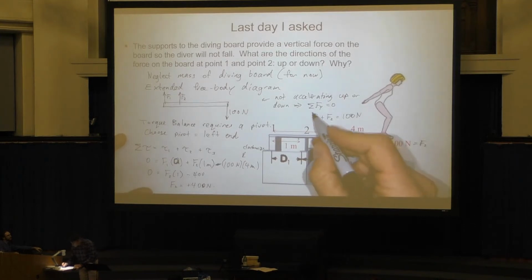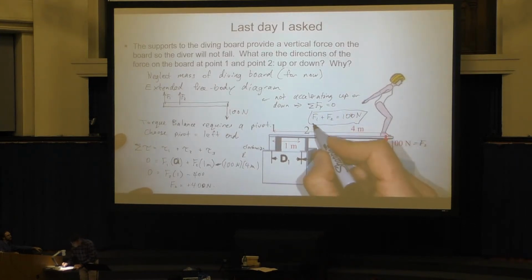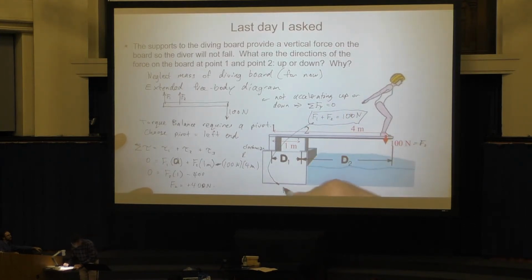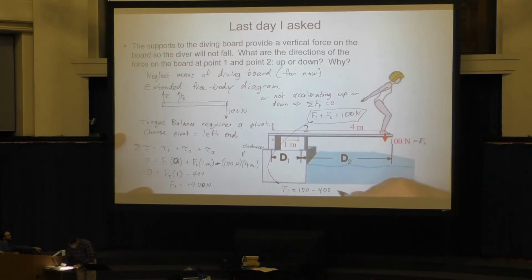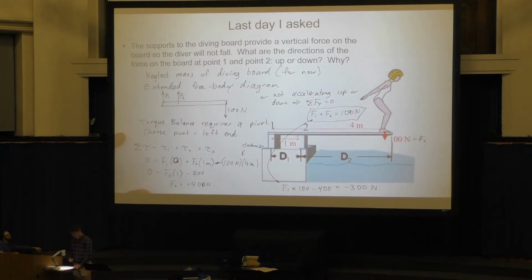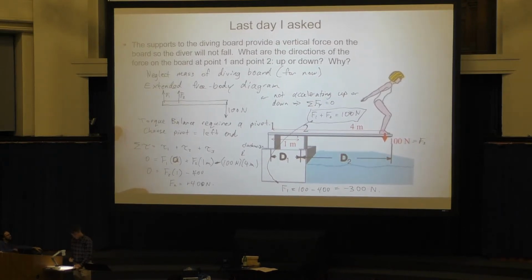And then you can use this equation to solve for F1. F1 is equal to 100 newtons minus 400. What? It looks like it's actually negative 300 newtons. Which means we drew it in the wrong direction.